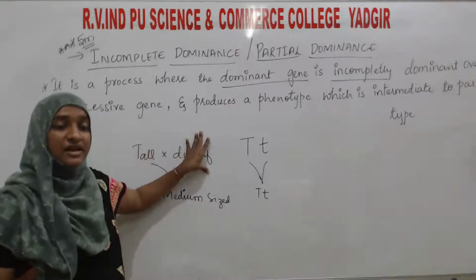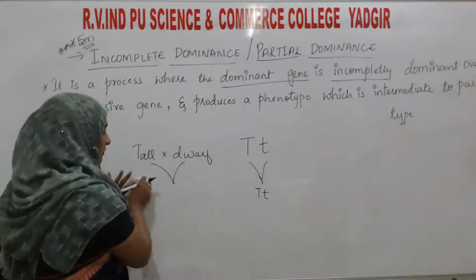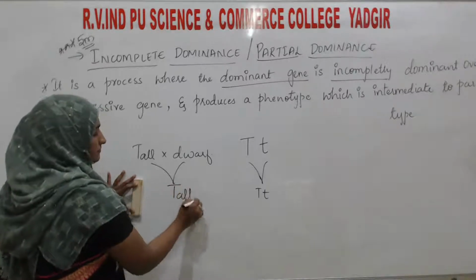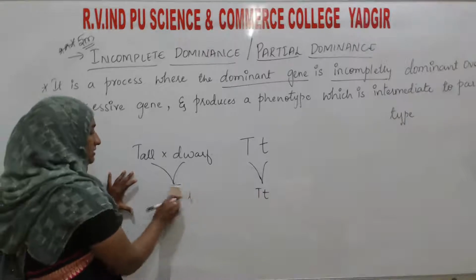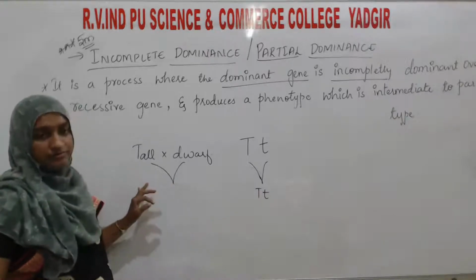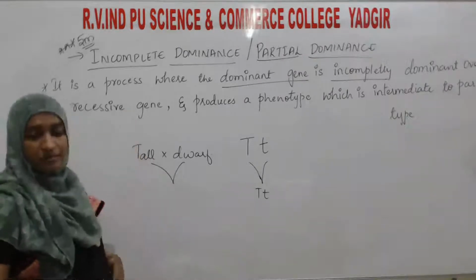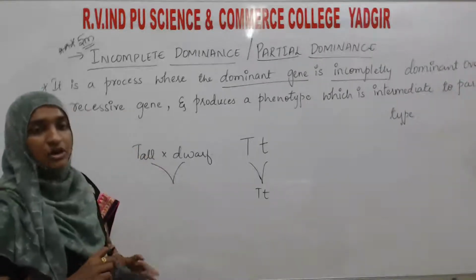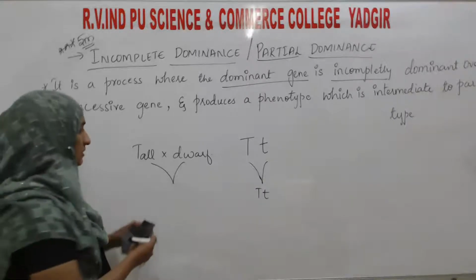If it were completely dominant, the offspring would be the tall one. But here it is a medium sized plant. So by taking this example, I explain incomplete dominance or partial dominance, meaning incompletely dominant over the recessive gene.